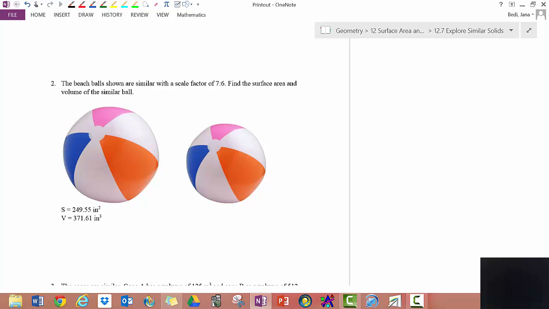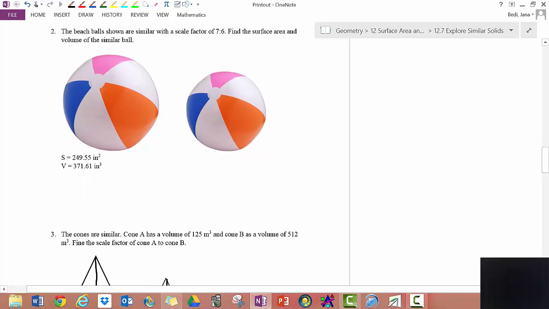Okay, continuing forward. I got a little confused there. This is given to you, okay? And what you want to do is you want to find, call this S1 and V1 of the smaller sphere, or the smaller ball.